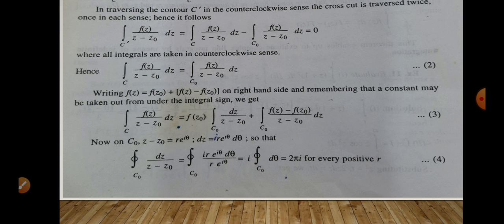Hence it follows that the integral over C of f(z) dz upon (z minus z0) minus the integral over C0 of f(z) dz upon (z minus z0) equals 0, where all integrals are taken in the counterclockwise sense. Hence, we can write the integral over C of f(z) dz upon (z minus z0) equals the integral over C0 of f(z) dz upon (z minus z0).